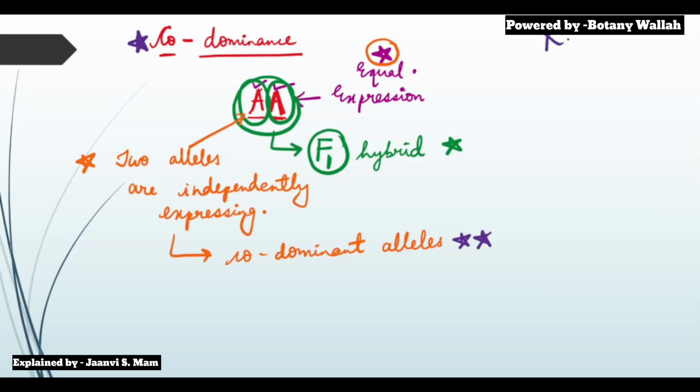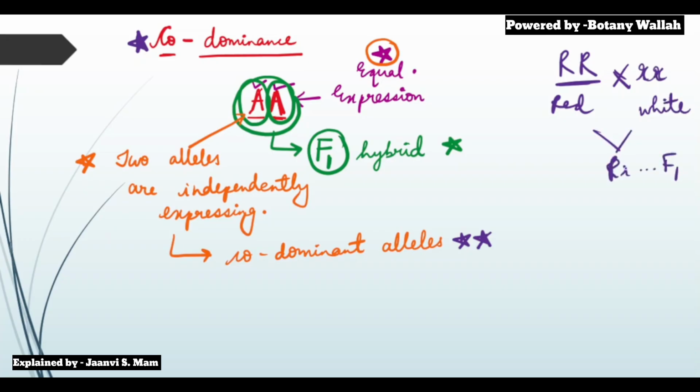We took the example of capital R, which is red flowers, and small r, which is showing white flowers. Then we got F1 as capital R, small r, and this F1 was neither red nor white, but showed an intermediate color, which is pink.